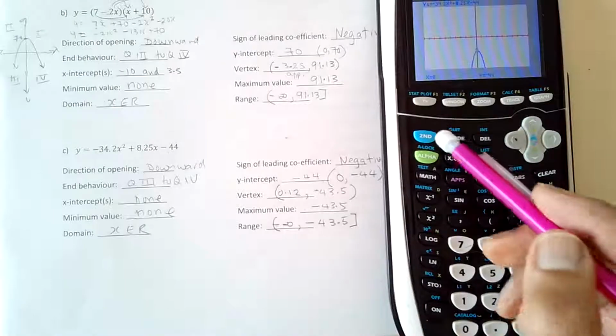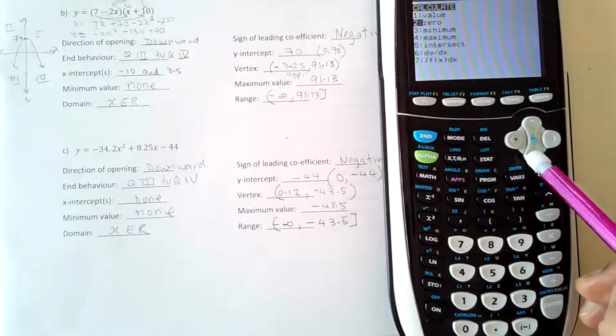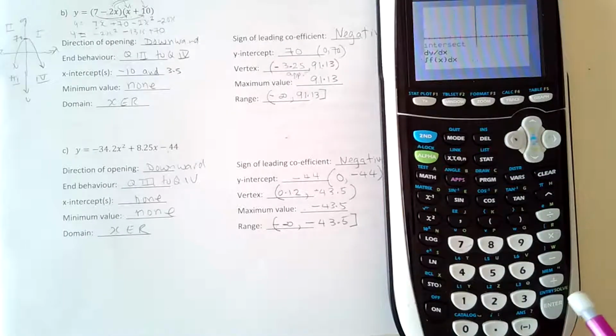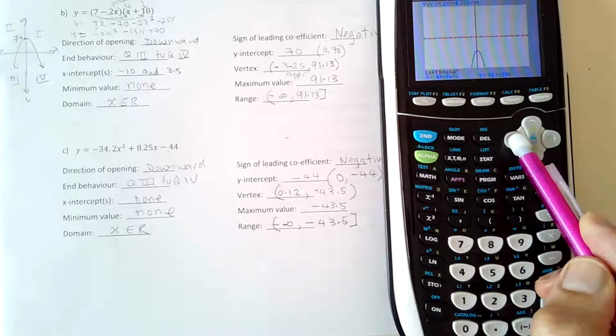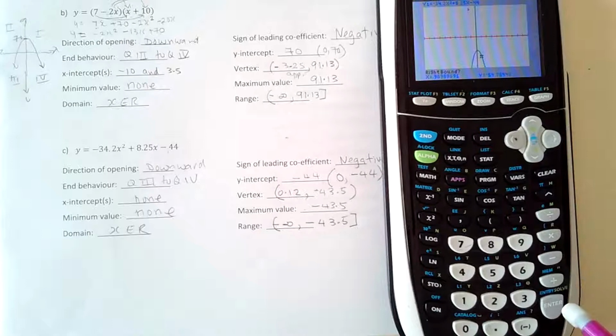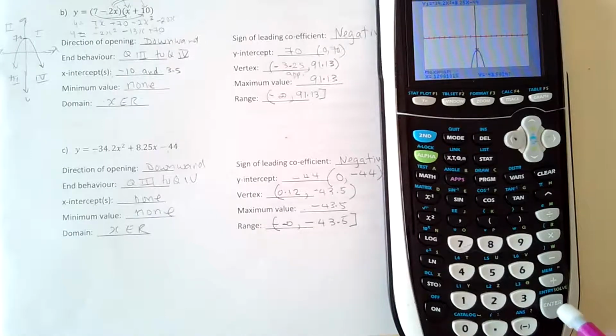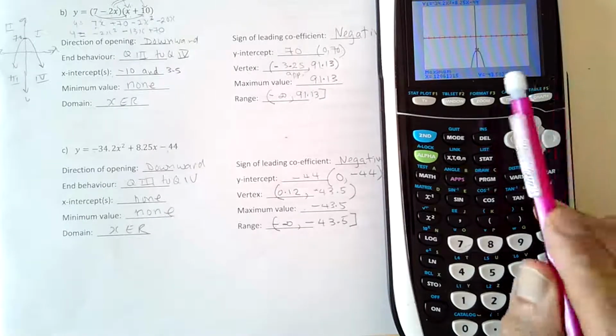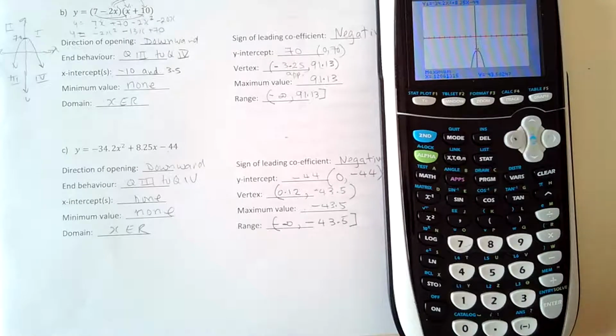Then to find the vertex, second trace, find your maximum value in this case. We move to the left, press enter, move to the right, press enter again, and one more time, and that gives me here it is, -1.2 and -43.5.